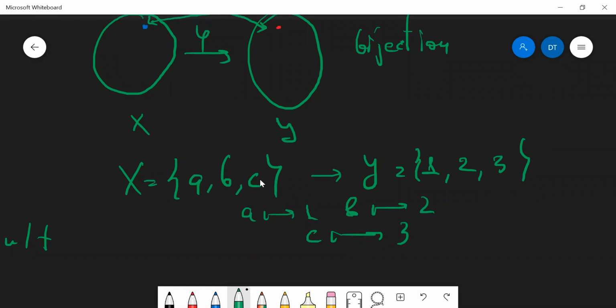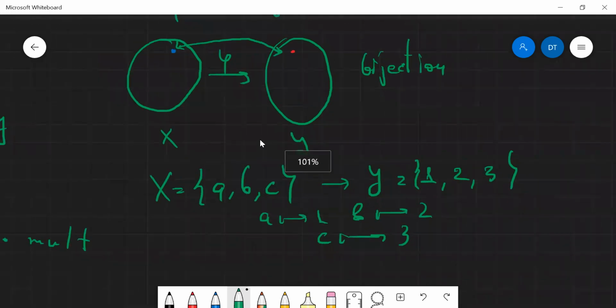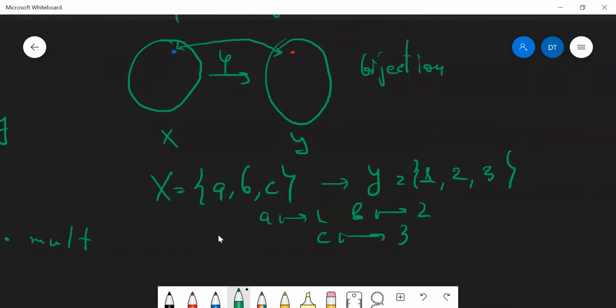This is how you may think about any bijection. So these two sets are essentially the same, but the elements have different names.